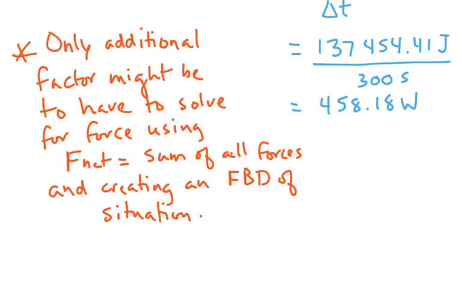We know that it's a sum of all the forces at play to move that object. You might also be asked to create a free body diagram of the situation, but by now you know how to do those. Okay, so there's your first chapter on work and mechanical power.